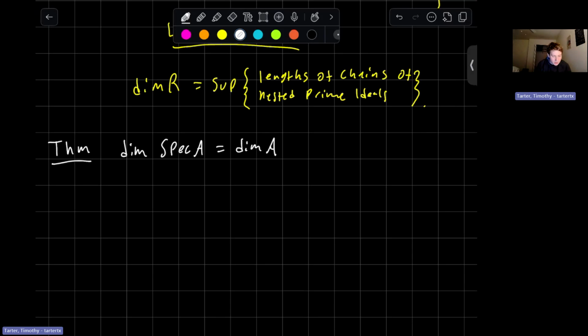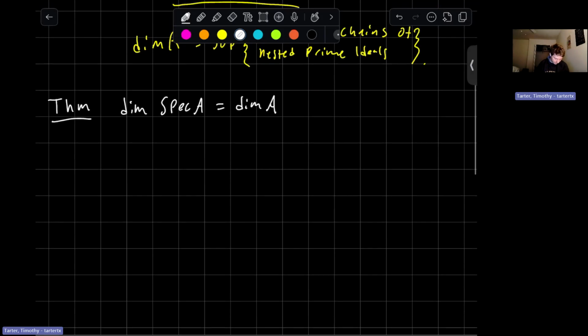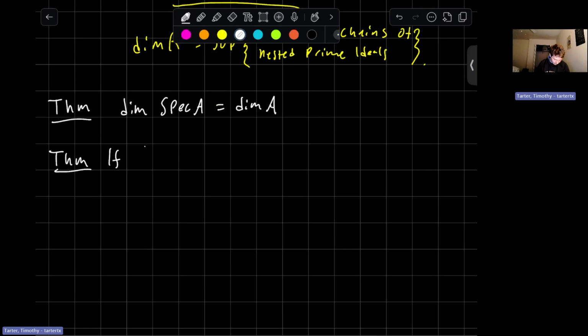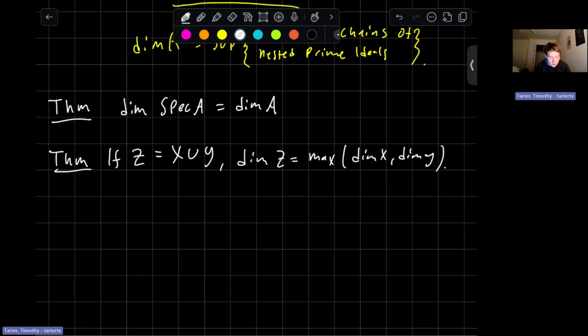We must be careful with the notion of dimension for reducible spaces. If Z, a ring or a topological space, is X union Y, then dim Z is actually the max of dim X and dim Y. This sometimes bothers us, so we try to only talk about irreducible topological spaces, like varieties.